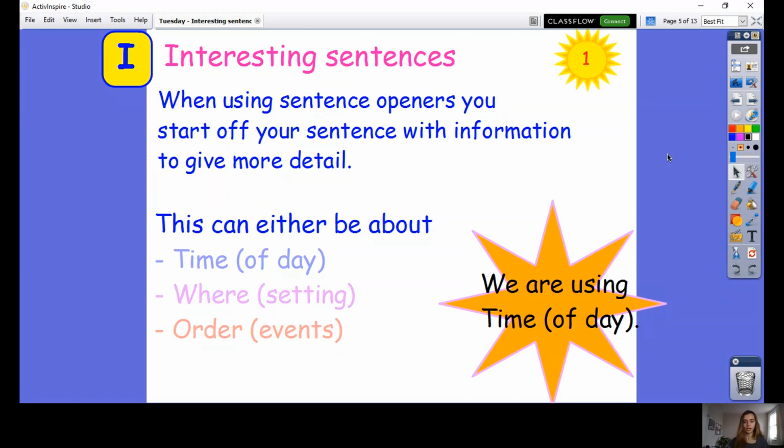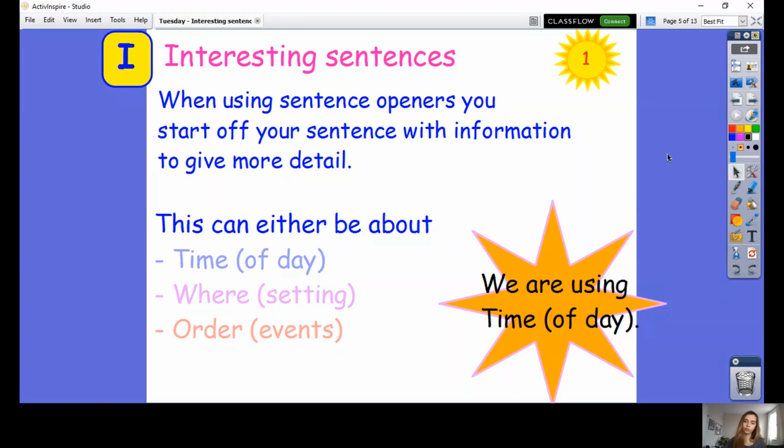So for time of day, you could say it happened early one morning, in the afternoon, at midnight. For where, so think about the settings. It happened on a large farm, in the middle of the castle, at the back of the garden are some examples of where it could be set.